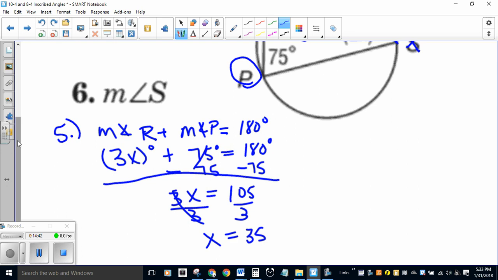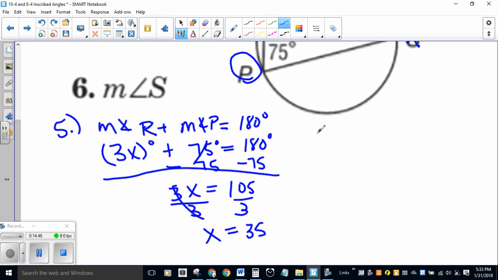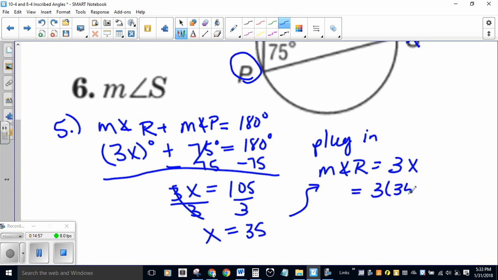Now, question number 5 says, find the measure of angle R, so I have to go back and plug it in. Since the measure of angle R is 3 times x, and I now know that's 35, I have 3 times 35, which is 105 degrees for number 5.